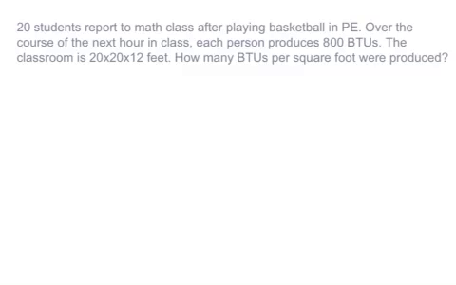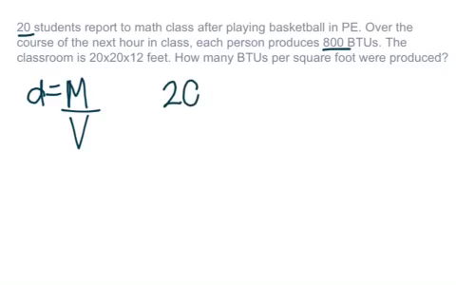We're going to go back to the same idea you had before in science class. Density is mass divided by volume. The first thing we need to figure out is that there are 20 people there, and each of them can give off 800 BTUs.